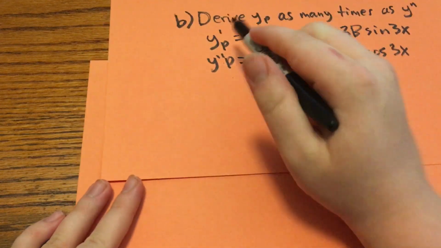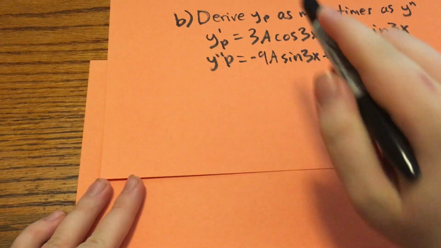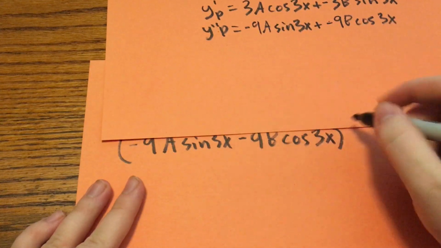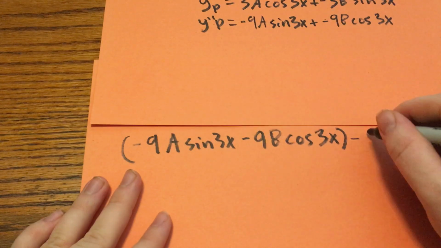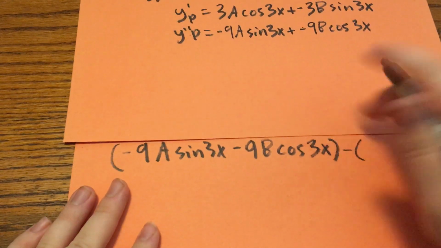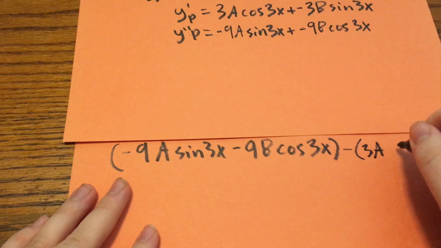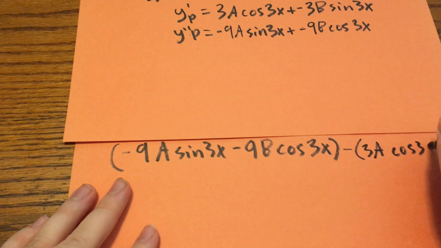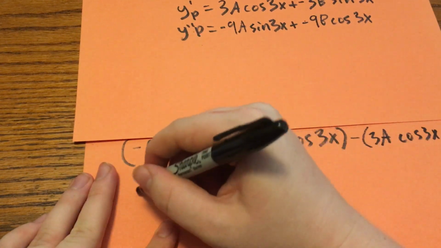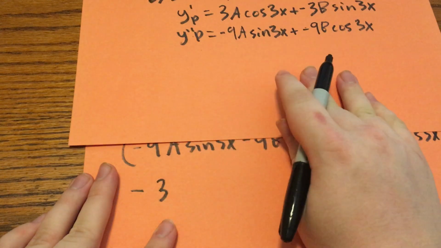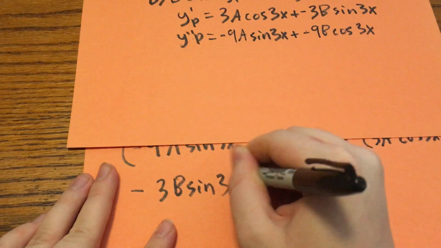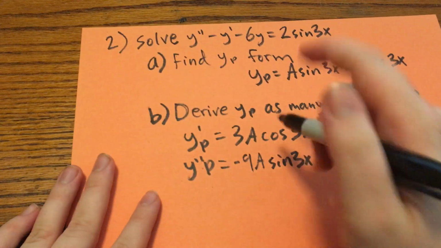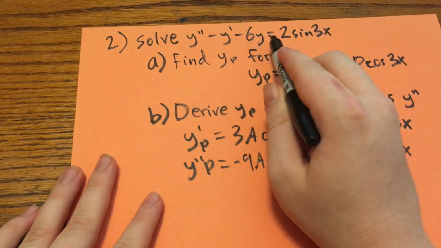And so we plug in y sub p prime, which is 3a cosine of 3x minus 3b sine of 3x, and it is minus y prime. So we do minus 3a cosine of 3x minus 3b sine of 3x.